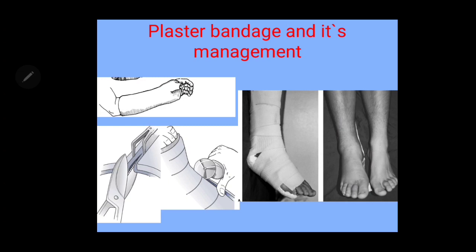That means that you should remove or relieve this POP immediately. Otherwise, you may have ischemic problems or nerve problems with sensation in these patients later, and that would be very hard to treat.